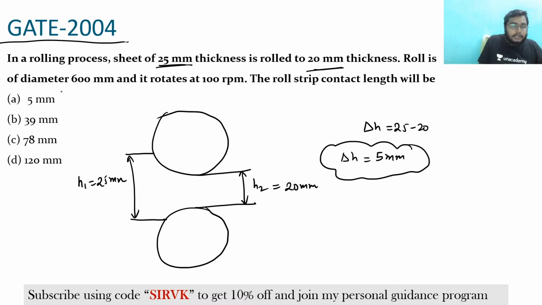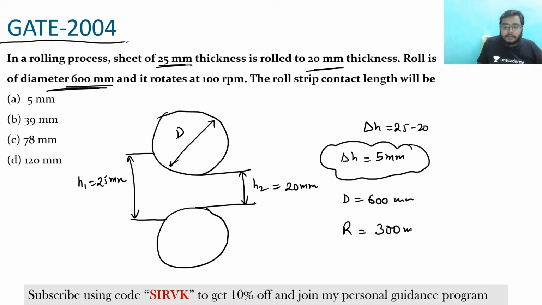What is the diameter of the roller? It is given as 600, so the radius is 300. What is the contact length? The strip contact length would be like this.